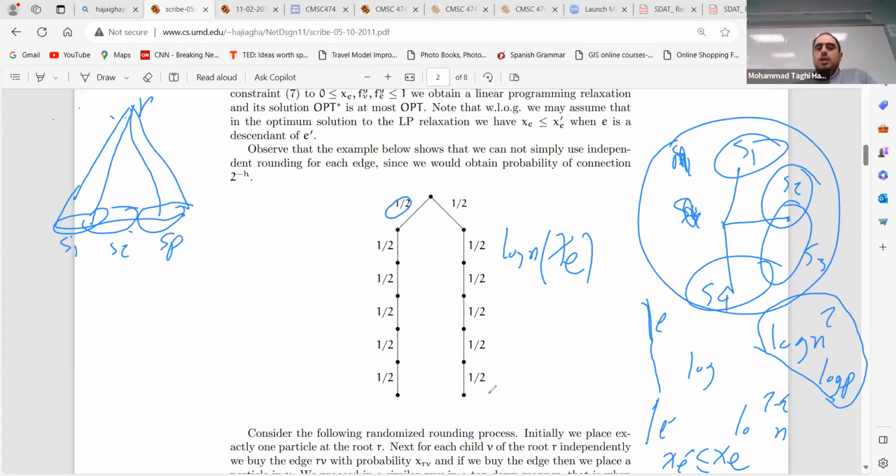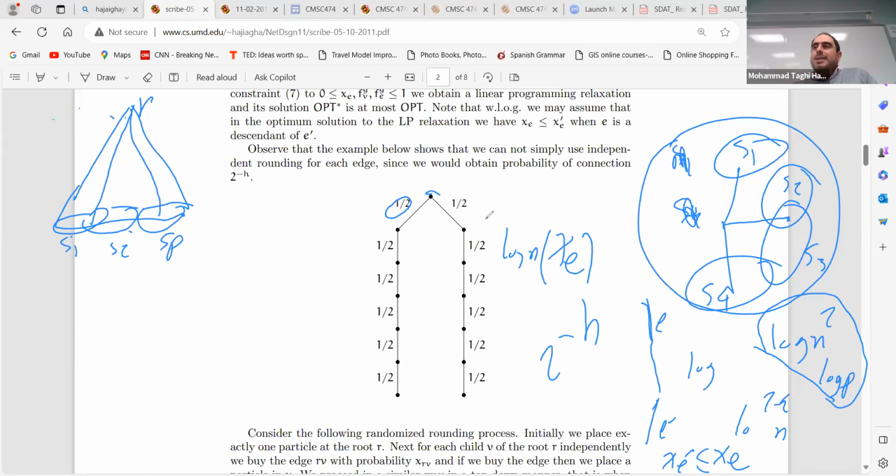Then if the length of this path is h, the probability that this guy is connected to this would be 2 to the minus h, because each of them has probability 1/2. To make a path from this guy to this guy, all of them should be connected, so it would be 1/2 to the power h, and you have 2 paths here.